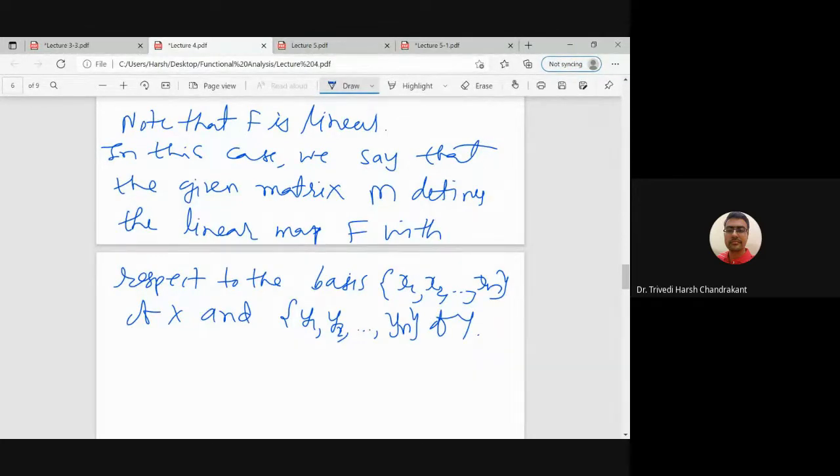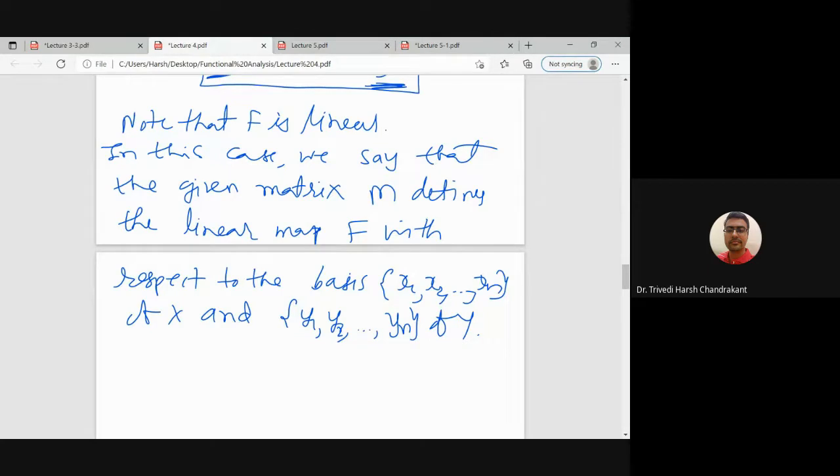So given a basis and a matrix, we can find a linear transformation.